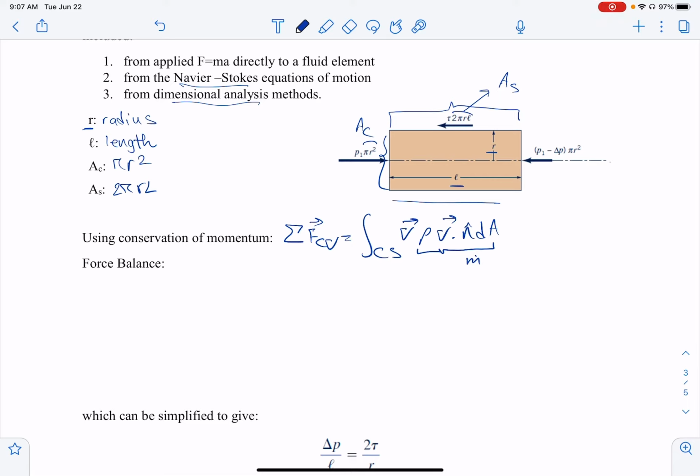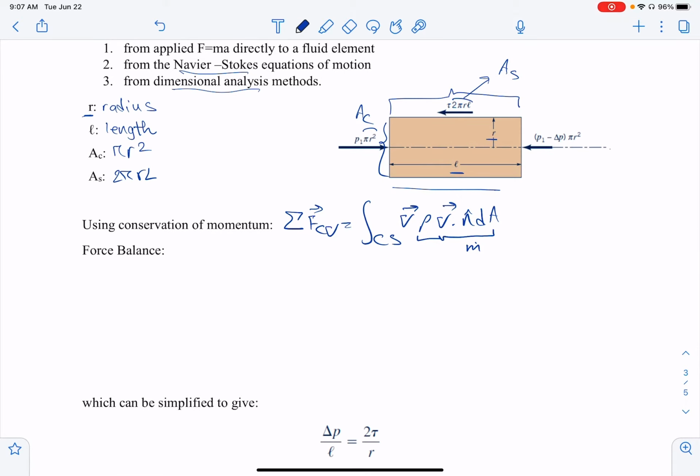So if I write down the conservation of momentum and use the force balance, I'm going to get the sigma of Fx, and here I have P1 times AC1 minus P2, because if this is X and Y, our coordinate system, this is going to be negative and this is going to be positive.